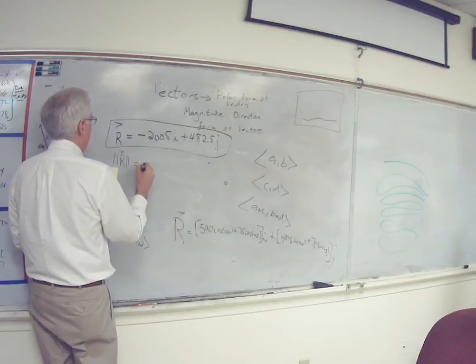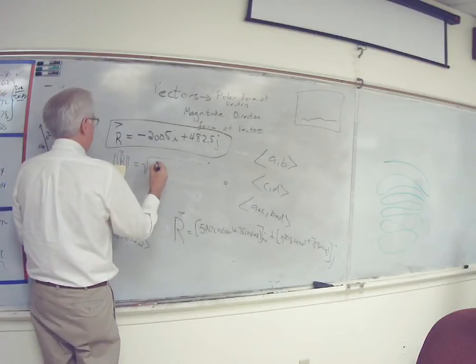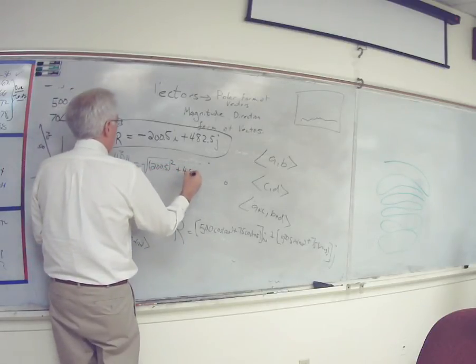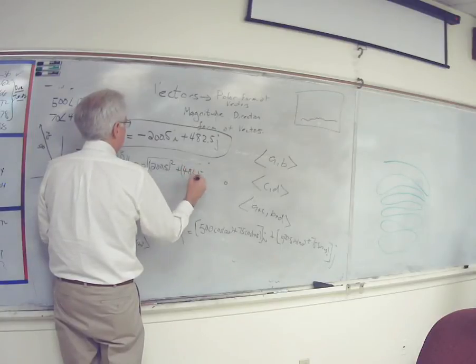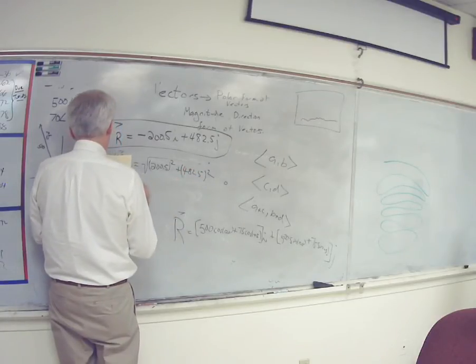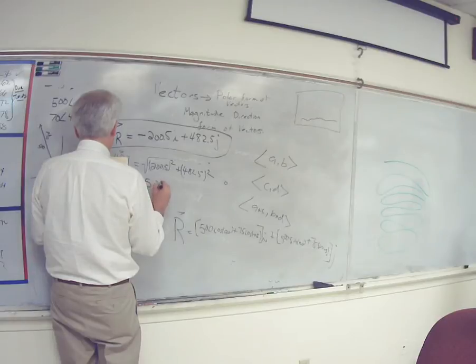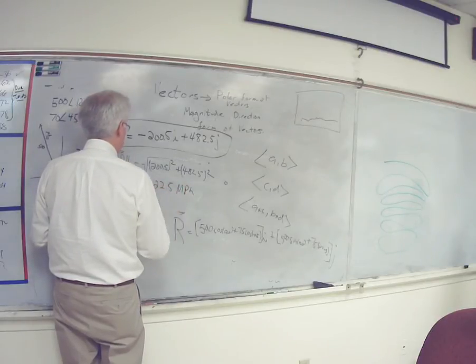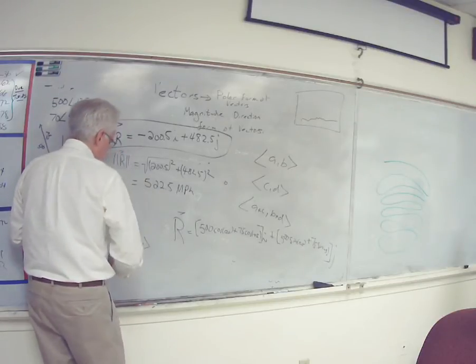What is the magnitude of R? The magnitude of R would be the square root of 200.5 squared plus 482.5 squared, and that is equal to 522.5 miles per hour. Now I need to find the angle.